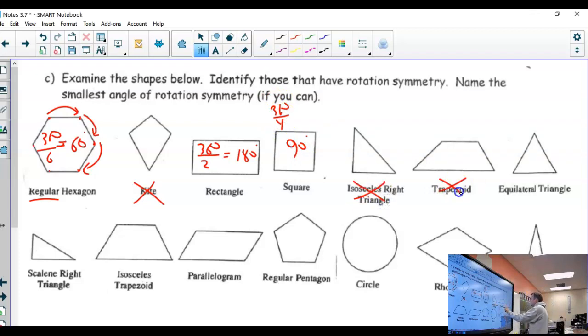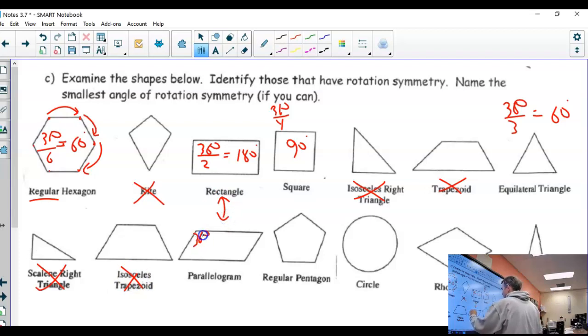Not that one, not that one. This one is 360 divided by 3, which is 120 degrees. Not that one. Can you spin an isosceles trapezoid around? Nope, don't think so. Parallelogram, though. It's like the rectangle, right? They're similar. This would also be 360 divided by 2, which is 180.